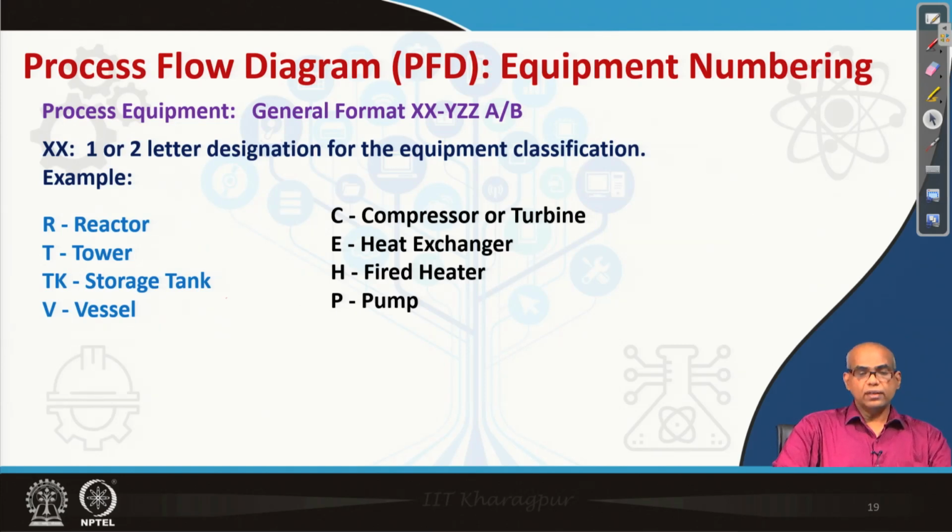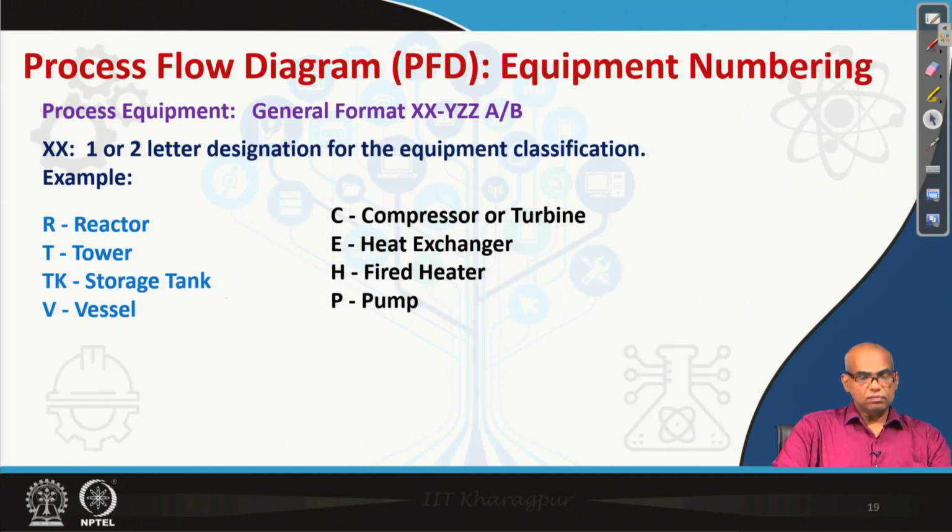This is a 1 or 2 letter designation for the equipment classification. So, it may be XX-YZZ A/B or it may also be just X. Either it will be XX or a single letter X. This is a designation for the equipment classification.